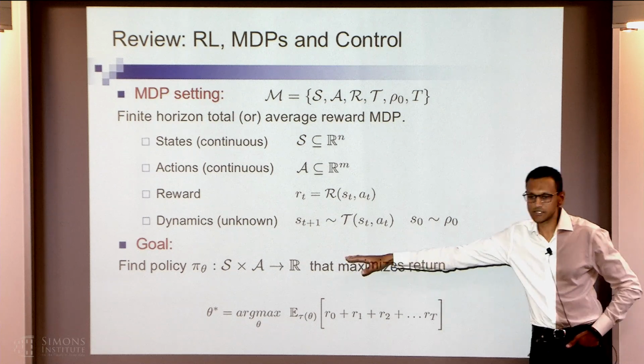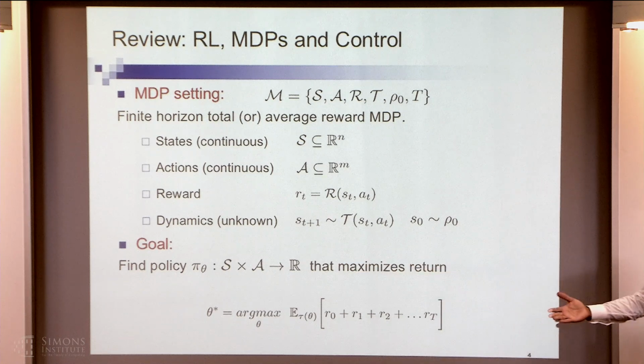Your goal is to find some policy which maximizes some notion of long-term future reward under some starting state distribution. So that's just RL. In some cases we know the model. In some cases we have a simulator. And that's the objective function. And obviously, if the number of states is small, you can solve problems like this with dynamic programming if you know the model. Okay, so that's a Markov decision process in a nutshell.